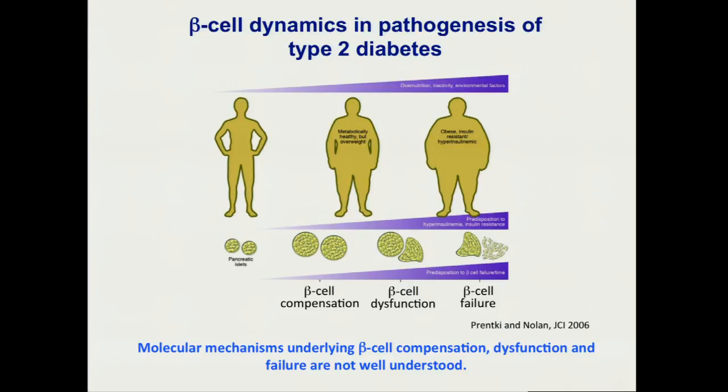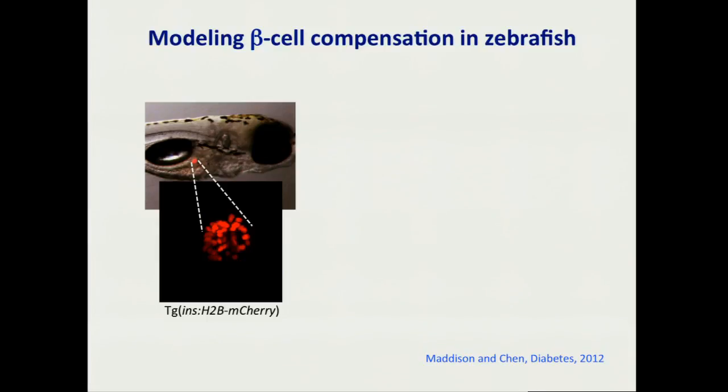So a few years ago, we tried to use zebrafish larvae to model this process and understand its molecular mechanism. To do that, we first needed to create a transgenic line that marks the individual beta cells.